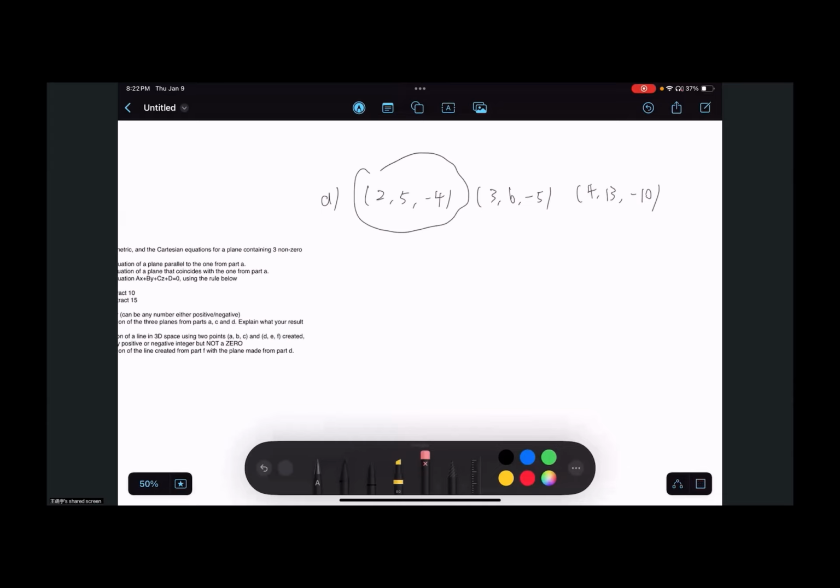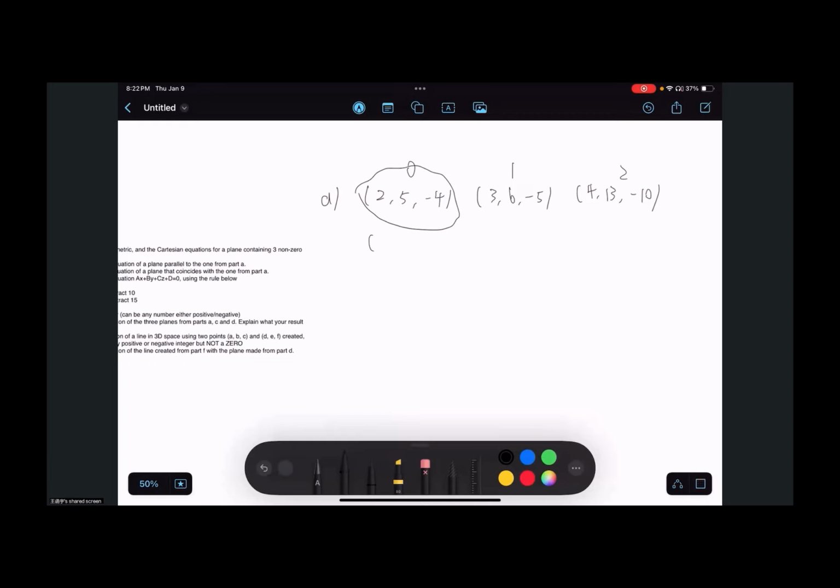To find the direction vector, we use these 2 points minus this point. So let's start. First, we use 3, 6, -5 minus this.